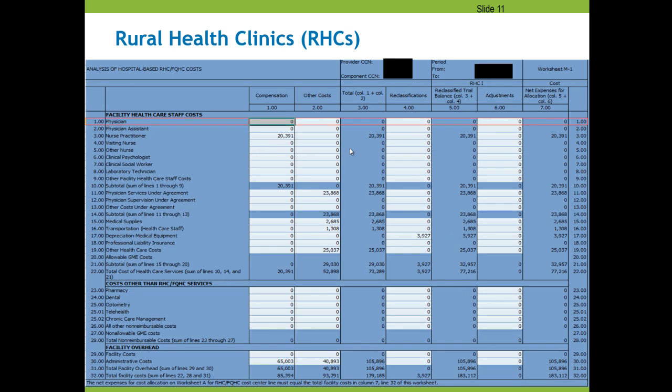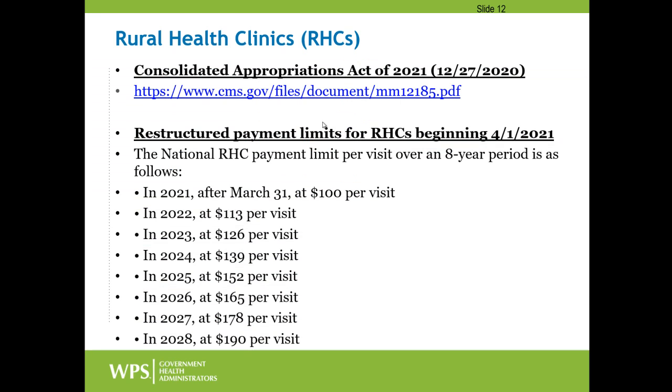So here's M-1. It looks very similar to worksheet A. The costs, reclassifications, adjustments, all the way down. And now what we're talking about here is the actual change to these payment rates. This worksheet, or this URL here, CMS's MLN Matters article, the Consolidated Appropriations Act of 2021, it did a lot of things, but this is one of the things it did.